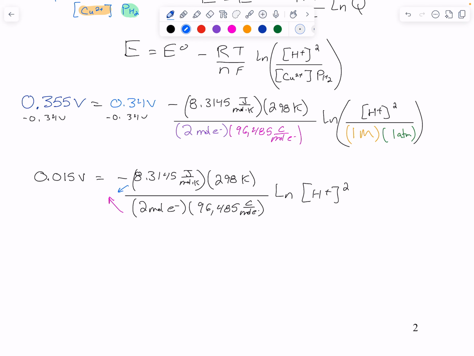So negative 1.17 equals the natural log of H+ squared. Well, that means we have to do e to both sides, right? So now, second log of negative 1.17, I get 0.310.